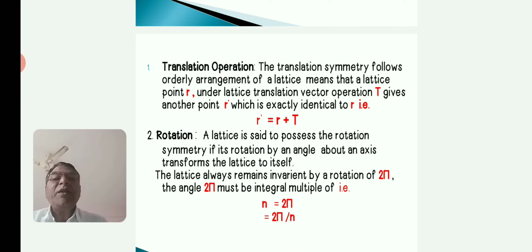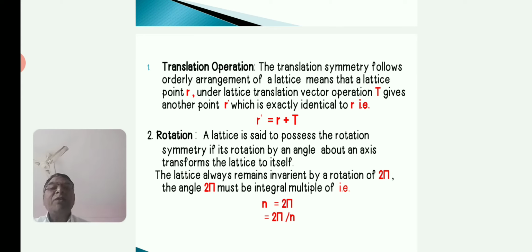The angle 2 pi must be an integral multiple of theta, n theta is equal to 2 pi. Solving that equation, we get theta is equal to 2 pi upon n. This is the first equation. The factor n takes integral values and it is called the multiplicity of the rotation axis.